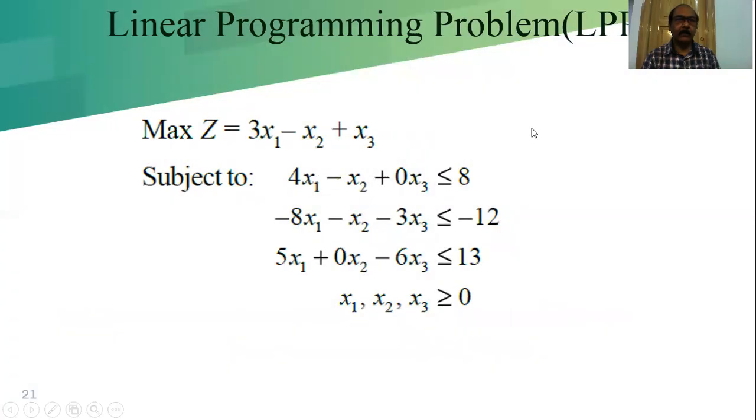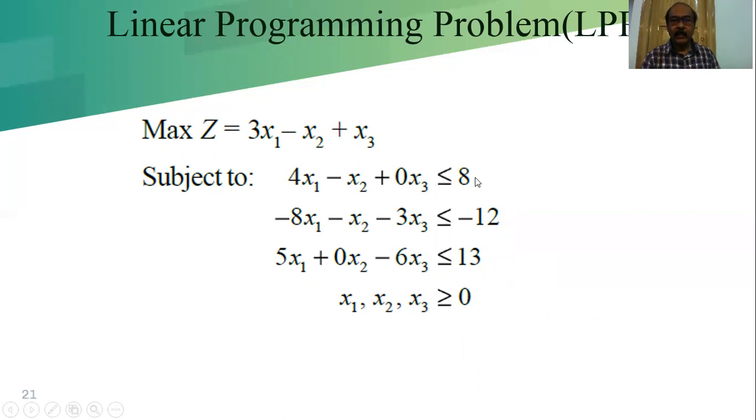So rewriting the given primal, we got max z = 3x1 - x2 + x3, 4x1 - x2 + 0x3 ≤ 8, -8x1 - x2 - 3x3 ≤ -12, 5x1 + 0x2 - 6x3 ≤ 13, x1, x2, x3 ≥ 0.